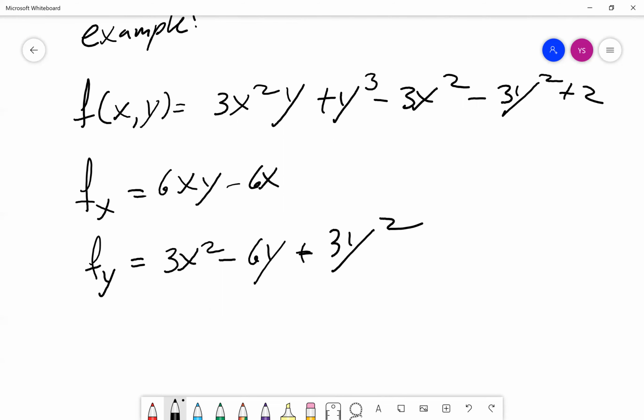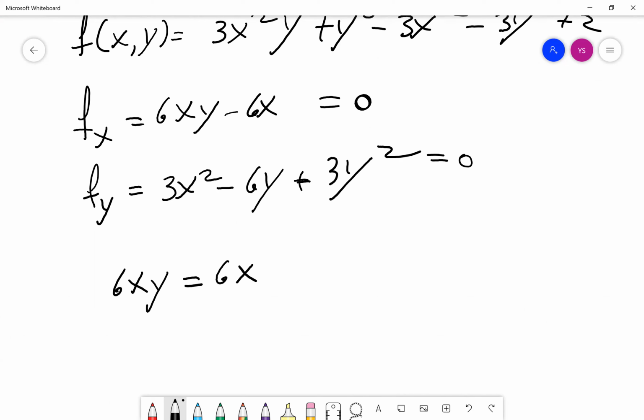Okay, so step number 2. Set these two things equal to 0. So what does the first thing tell us? It tells us 6xy is equal to 6x. Now, a very important thing to start remembering is when we divide, we have to keep in mind the 0 case.